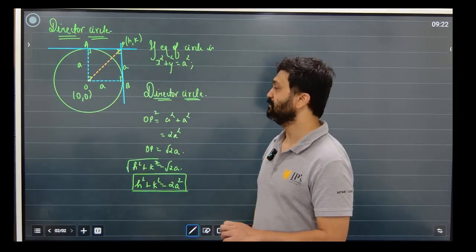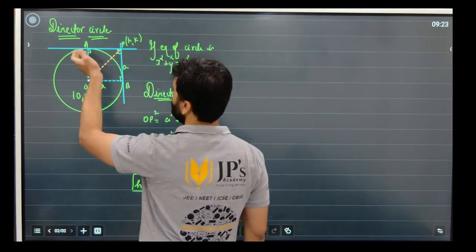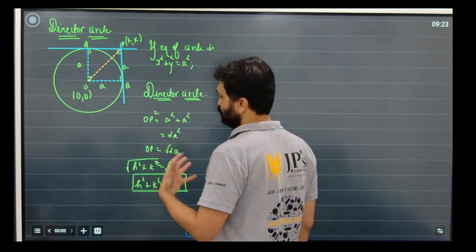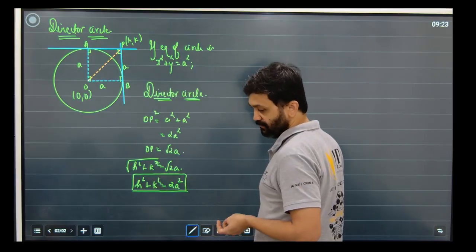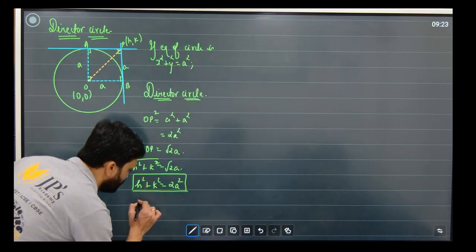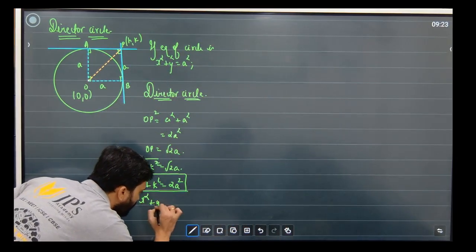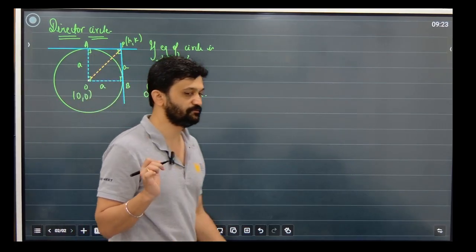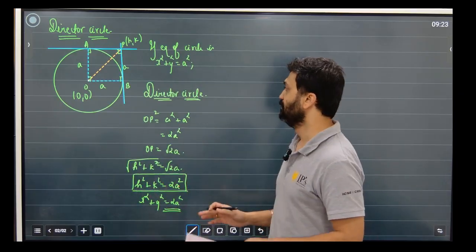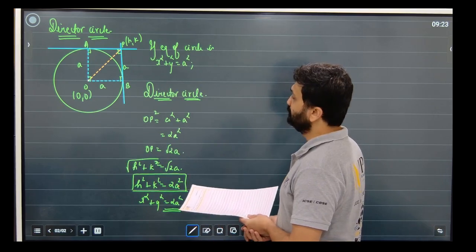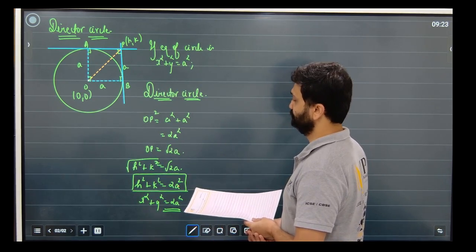Director circle is nothing but if I draw two tangents which are mutually perpendicular to each other, it gives rise to the director circle, and in other words I can write it as x square plus y square is equal to 2a square. This is the equation of director circle, a very important concept.